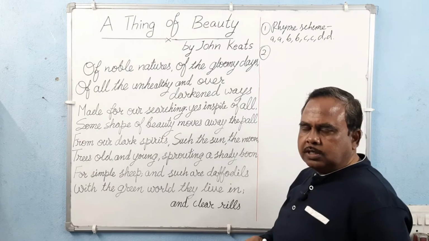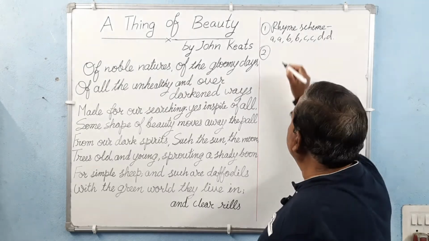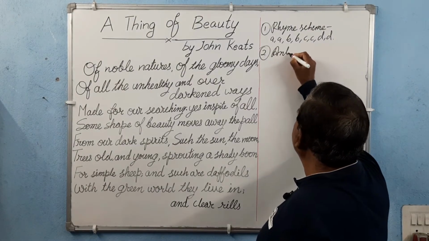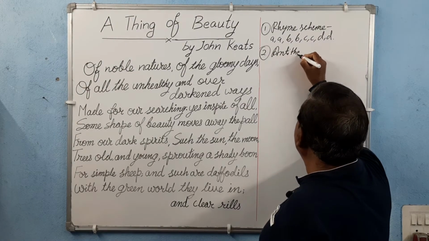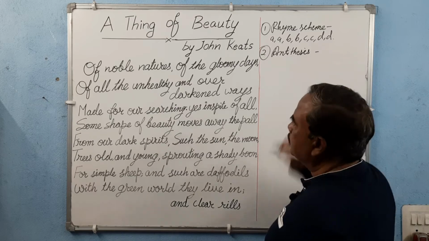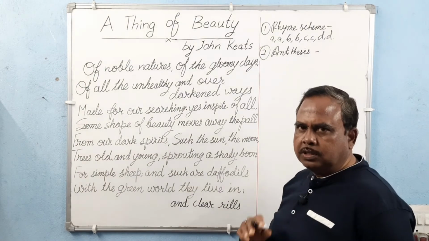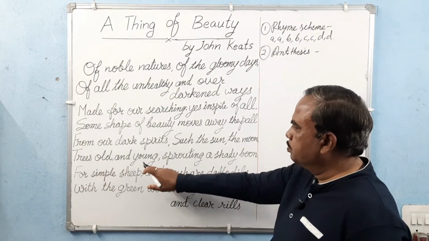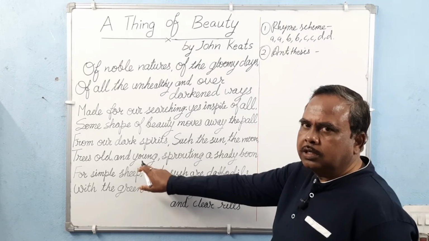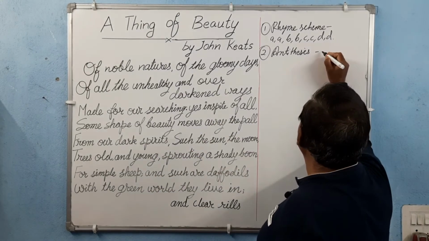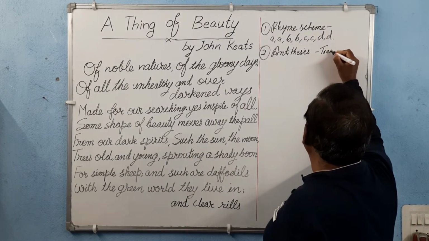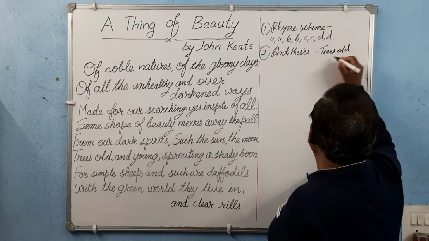Second poetic device is antithesis. It pairs contradictory ideas. For example, trees old and young.